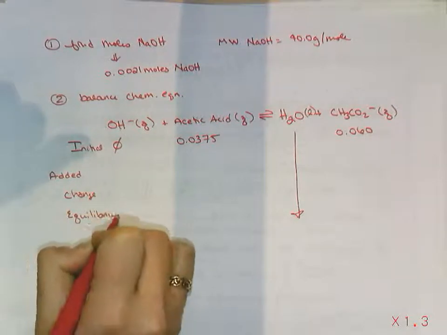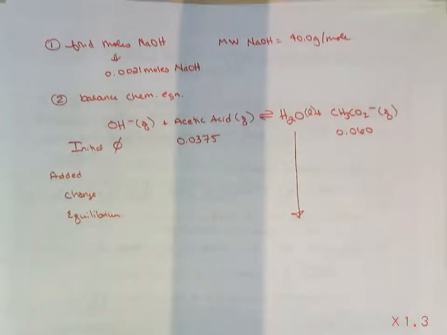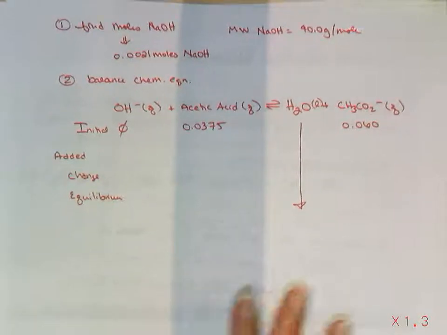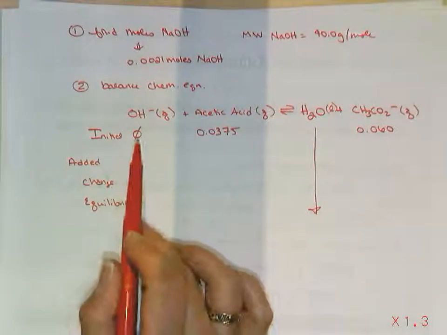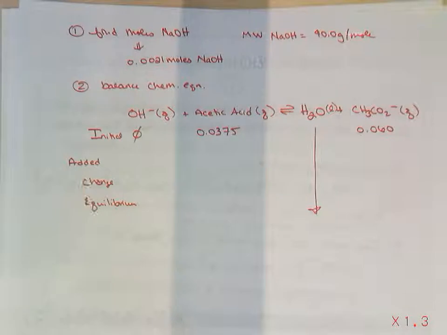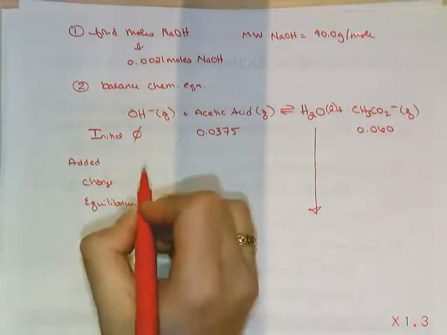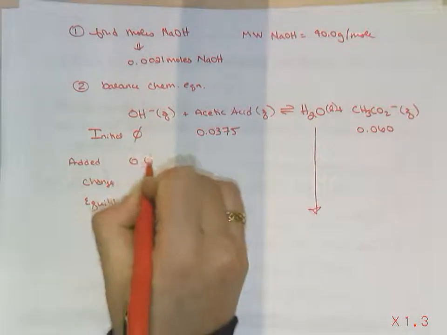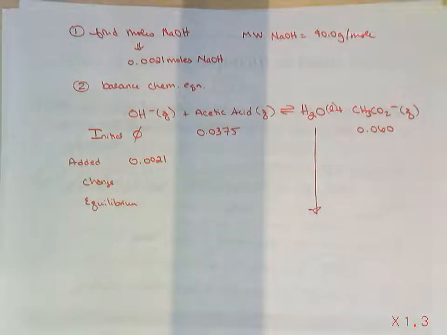Before it was an ICE chart, now it's an IACE chart. So in this situation, I didn't have any hydroxide initially, but I added hydroxide. So the hydroxide I added is this many moles, 0.0021. And I didn't add anything else, so those are still zeros.